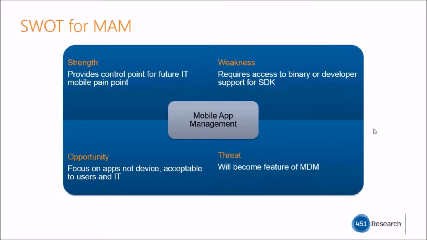And then the weakness is that it really requires that IT generally have a relationship with developers, or leverage an enterprise mobility management vendor who has a relationship with that vendor, and so it does create an additional layer of management and work that needs to be done anytime that application is updated.